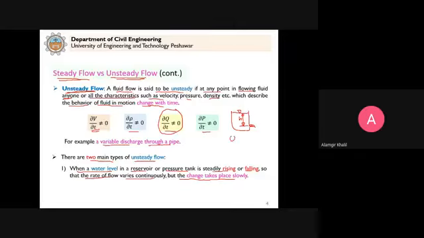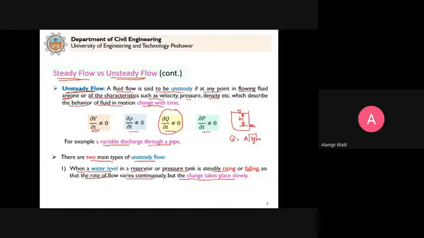For example, the discharge for this orifice will be equal to the cross-sectional area into the square root of 2gh. So this is Q equal to AV. This 2gh, essentially this is Torricelli's theorem.